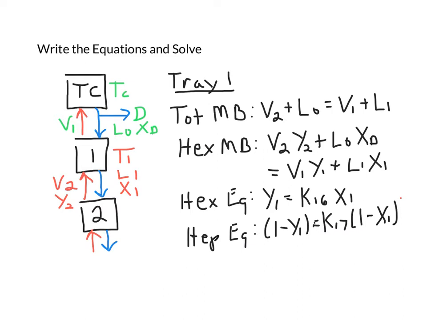And so the other equation will be our equal molal overflow assumption, which is simply V2 is equal to V1. And now we have 5 equations, 5 unknowns, and we can solve for the streams below tray 1. And we continue this all the way down to the feed tray, which will be a little bit different. So I'll do the analysis for the feed tray.